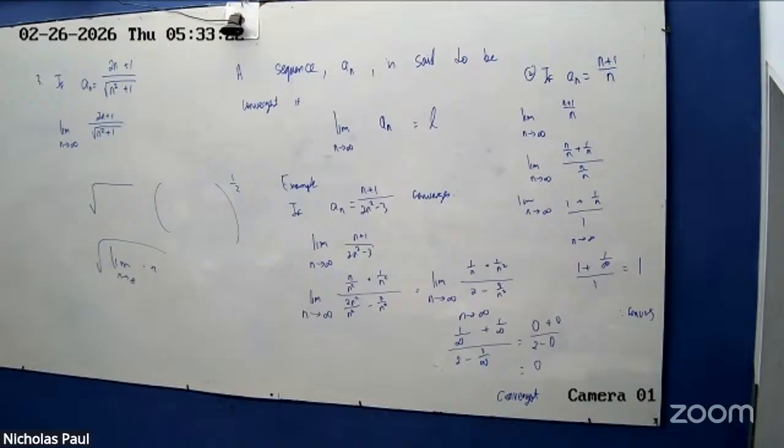Take your time, pull the square root out, and then simplify the inside. Then let's take a look at something called recurrence relation.